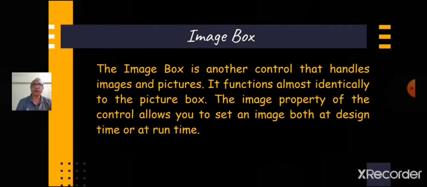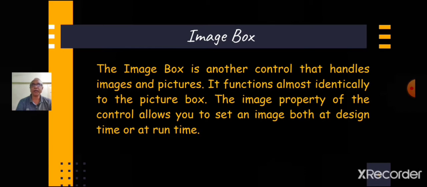Now, what is the function of image box? The image box is another control that handles images and pictures. It functions almost identically to the picture box. There is one major difference. The image in an image box is stretchable, which means it can be resized. This feature is not available in picture box.